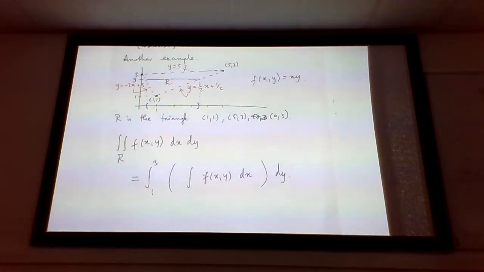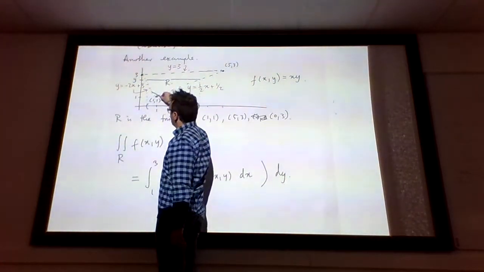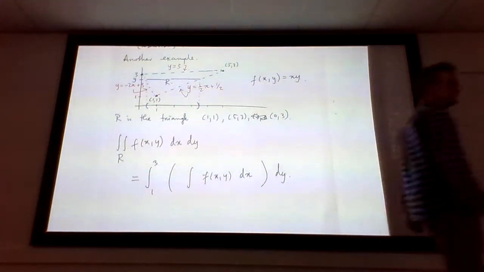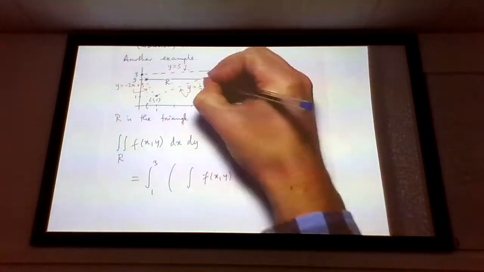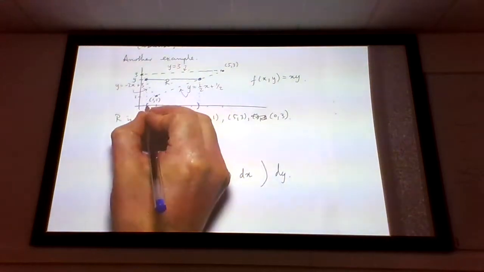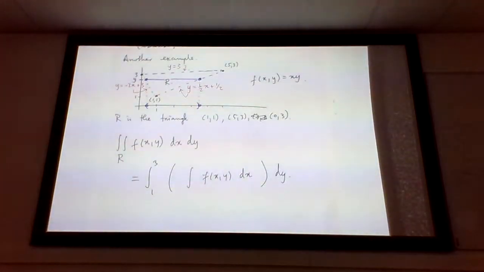The lower limit is always determined by the point on this line, and the upper limit is always determined by the point on that line. So we just have to ask ourselves, what are the values of these points on the x-axis that correspond to that y value?